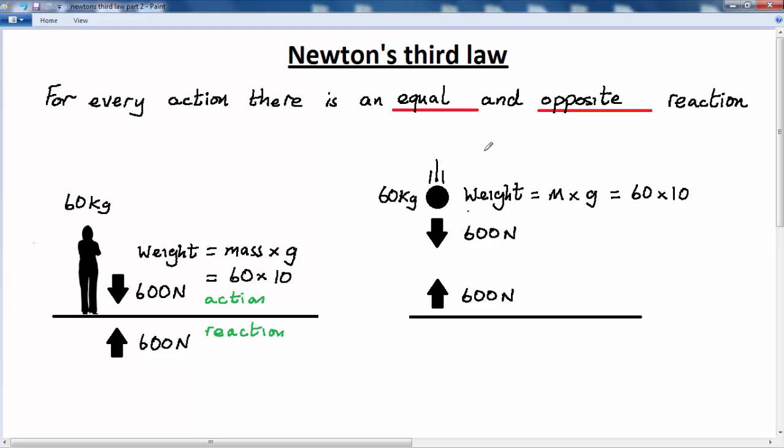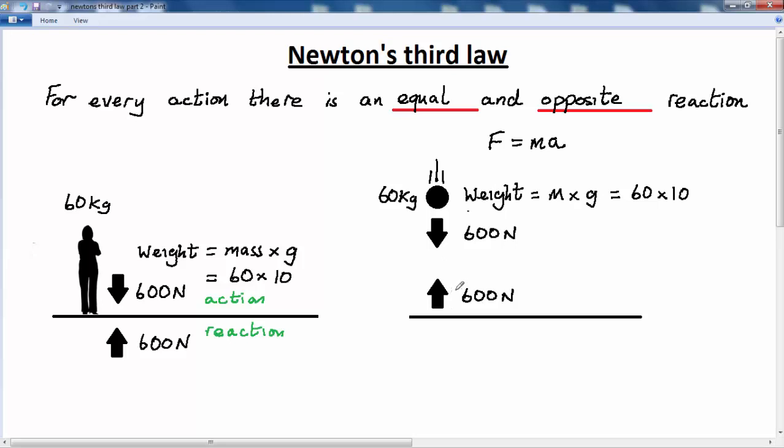Now, according to Newton's second law, which states that if a force acts on a mass, then it will accelerate, and the acceleration is proportional to the force that's exerted, this means that the cannonball will accelerate towards the Earth, and at the same time the Earth will accelerate towards the cannonball. And you say, well, surely that's impossible, but it's true, it does.